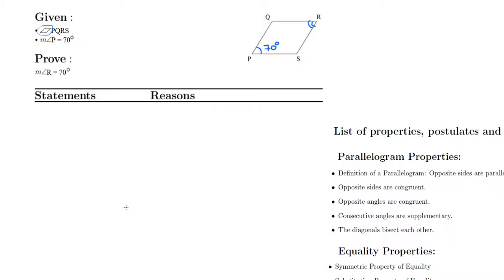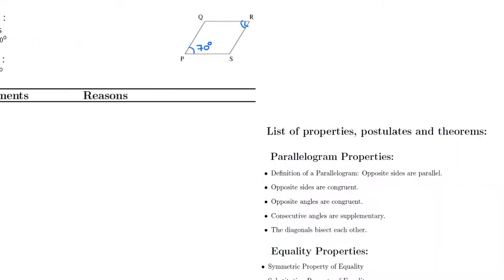If we're working with a parallelogram, then my intuition says I need to know the properties of a parallelogram. These are some of the properties that we learn in geometry. First is the definition of a parallelogram, which is that opposite sides are parallel. Then we have opposite sides are congruent, opposite angles are congruent, consecutive angles are supplementary, and the diagonals bisect each other.